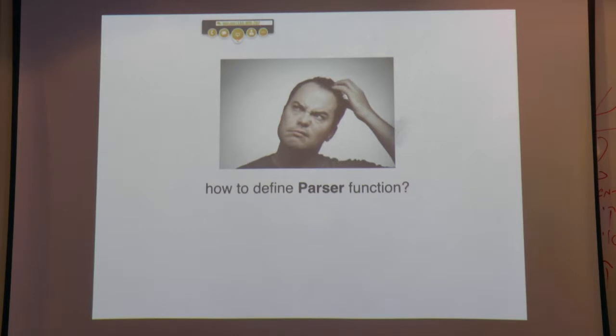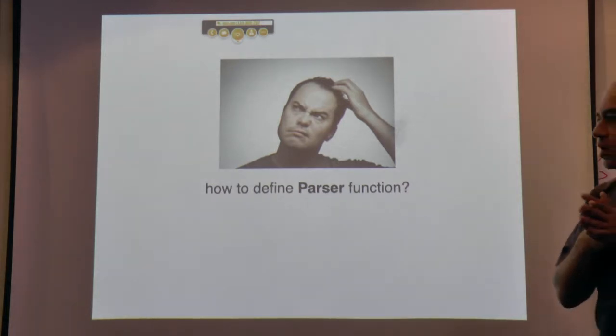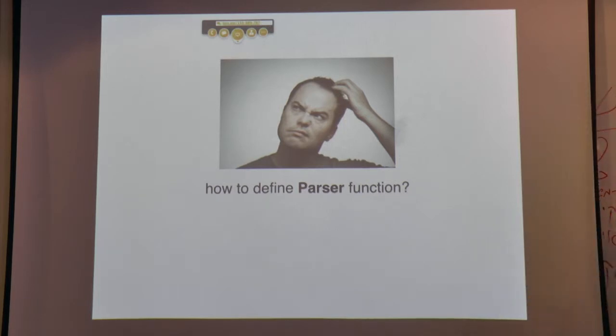Okay, and now let's put aside what we've seen right now, and try to think about a parser. Well, a parser, in a naive way. We are talking actually about what is called a recursive descent parser for an LL grammar, but let's put it aside.